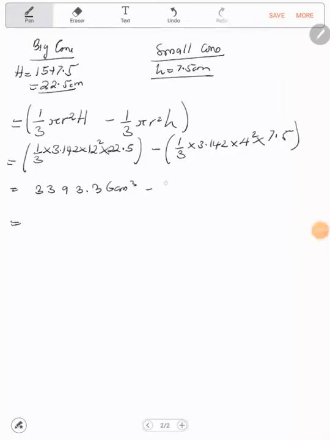You have 12,568 cubic centimeters. Then you find the difference between the two, which gives 3,267.68 cubic centimeters as the volume of the frustum which they wanted.